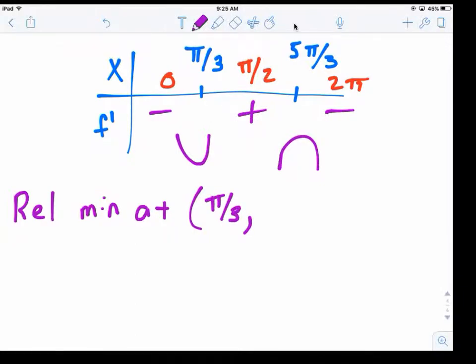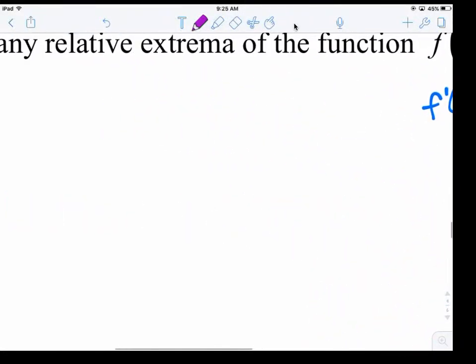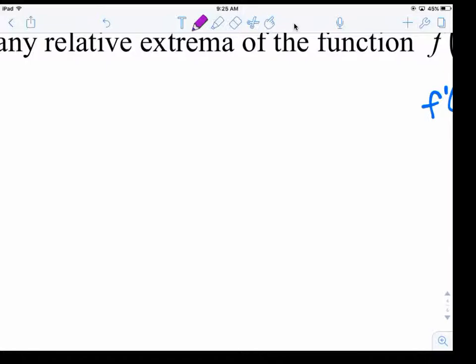And then we have to plug in pi over 3 into our original to get the y value that they're looking for. So that's going to be ugly. Why don't we do that over here? So we have f of pi over 3.